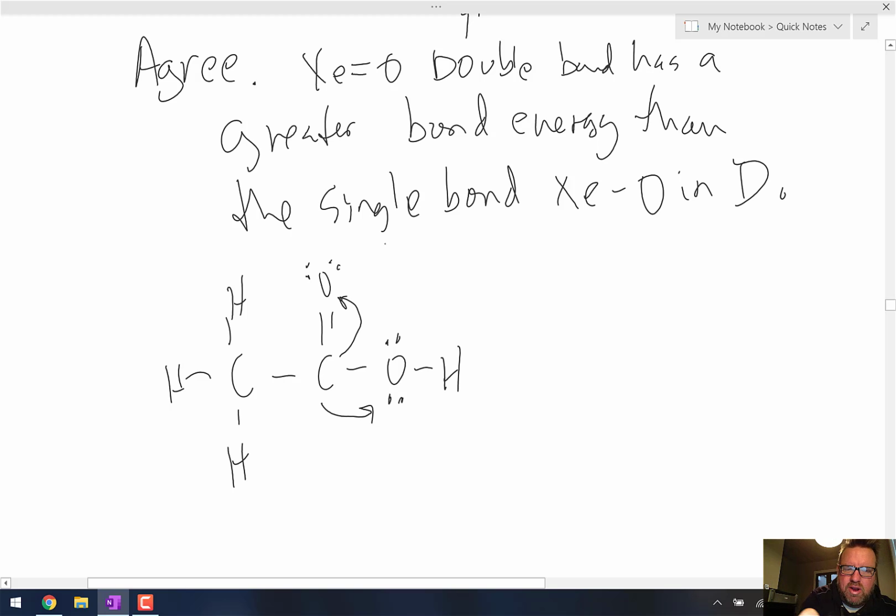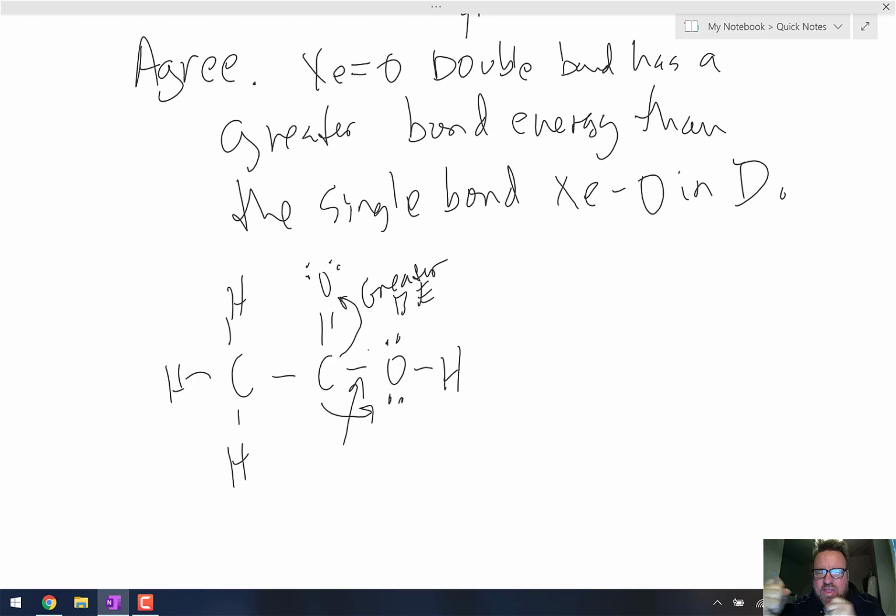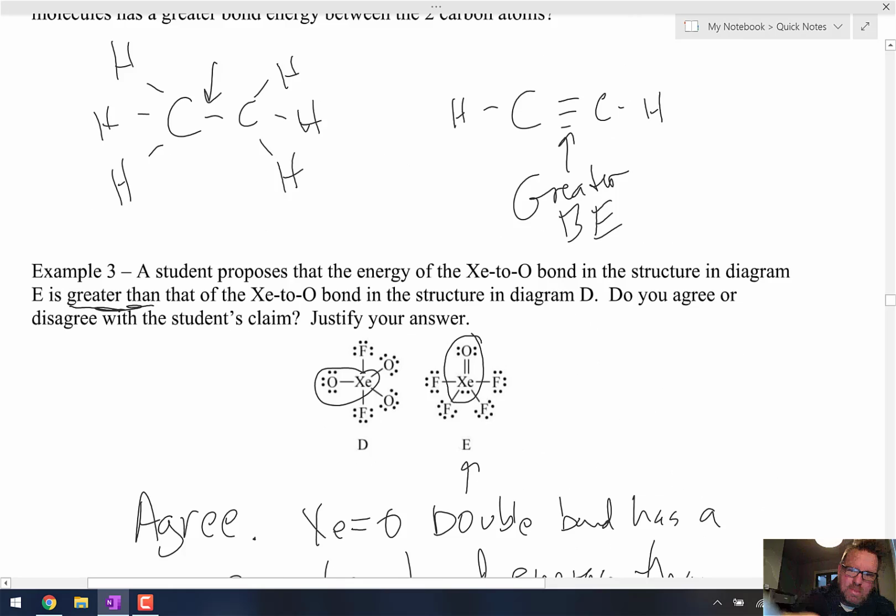Here we have a carbon-oxygen double bond. So again, which of those two bonds would you expect to have a greater bond energy? Absolutely this top one here, greater bond energy than this one, because the double bond takes more energy to break that bond. And that's what makes that bond stronger.